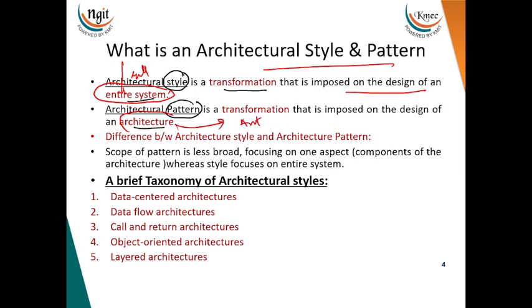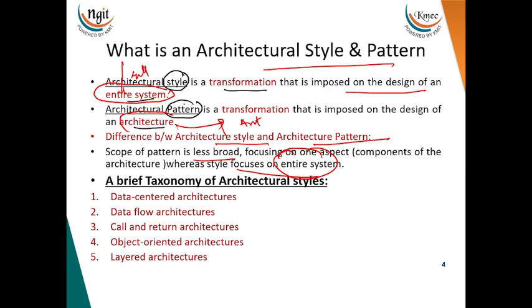Patterns are how you are going to design. The difference between architecture style and architecture pattern: the scope of a pattern is less broad because it focuses on one aspect, one component, whereas style focuses on the entire system. Architectural style focuses on the entire system, whereas a pattern focuses on only one architecture.